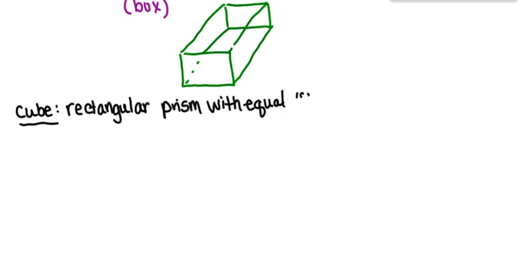And I'm going to call them sides, although the real name for that is faces. So for this one, I would think about dice. If you play Monopoly, the dice are actually cubes.